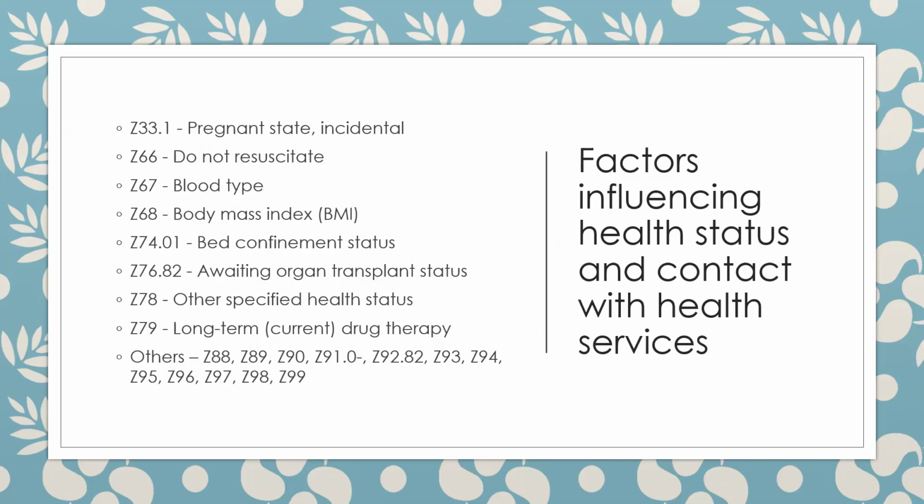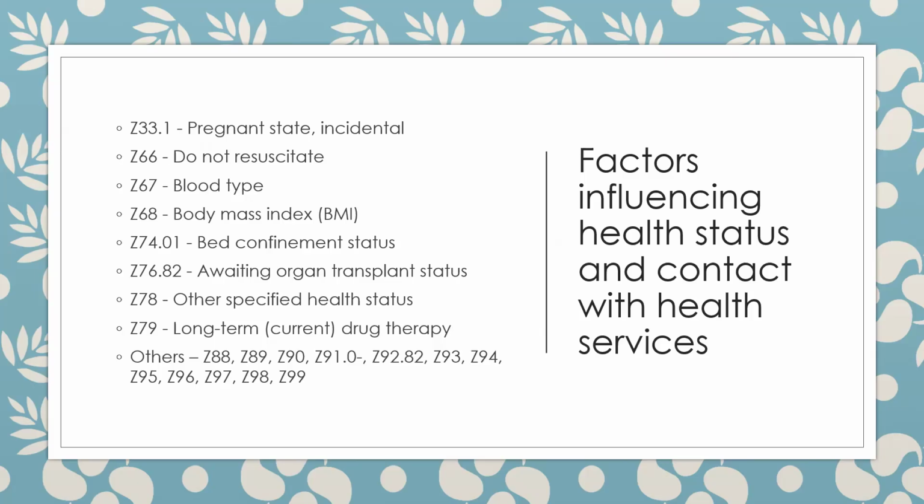Z88 for allergy status to drugs, medicaments, and biological substances, except Z88.9 for allergy status to unspecified drugs, medicaments, and biological substances status. Z89 is for acquired absence of a limb.